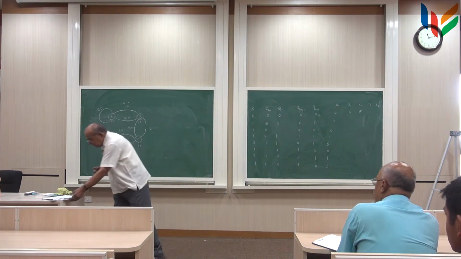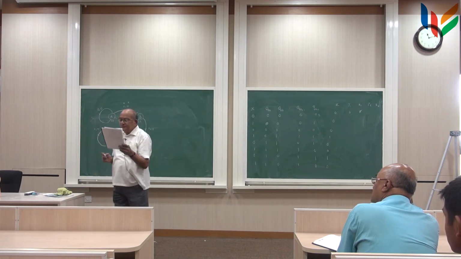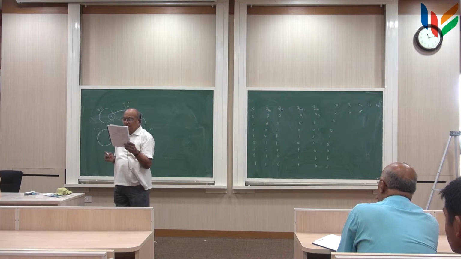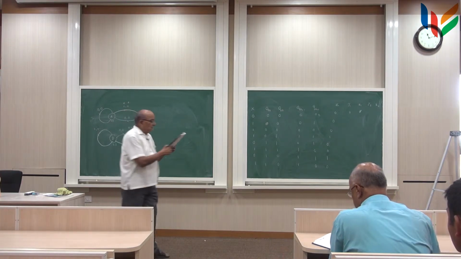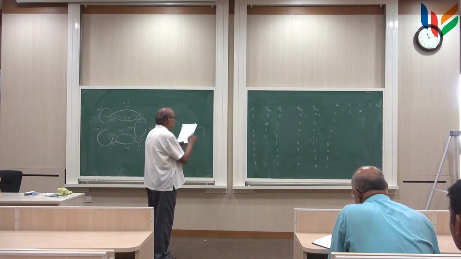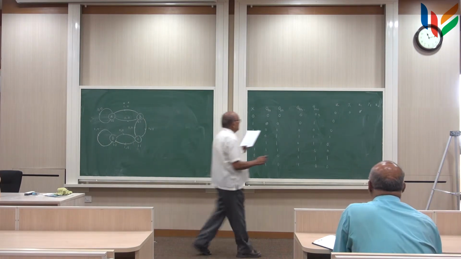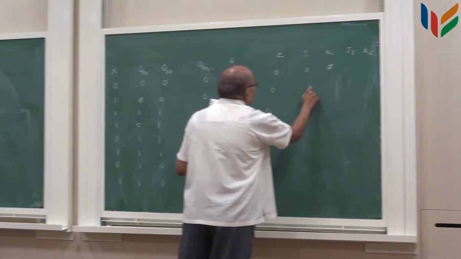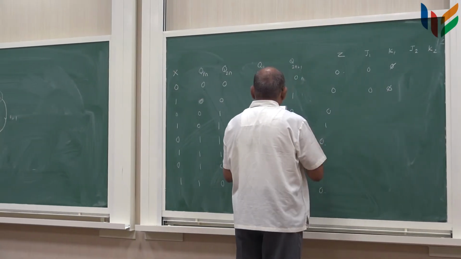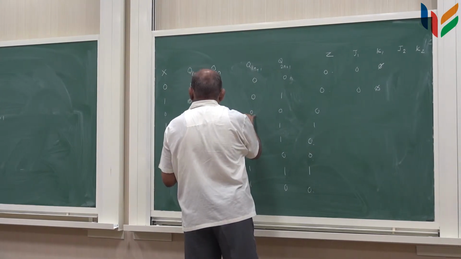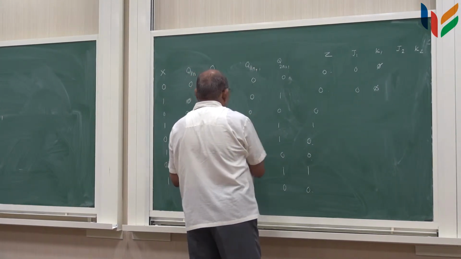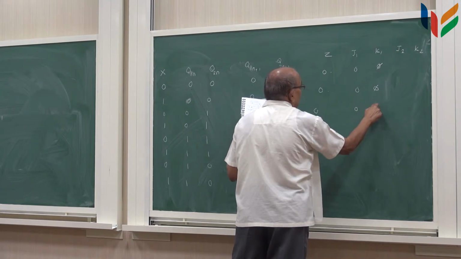I don't know whether I have it or not. I have it somewhere. 0, 1 is again 0, don't care. Next one is 0, 0, again 0, don't care.